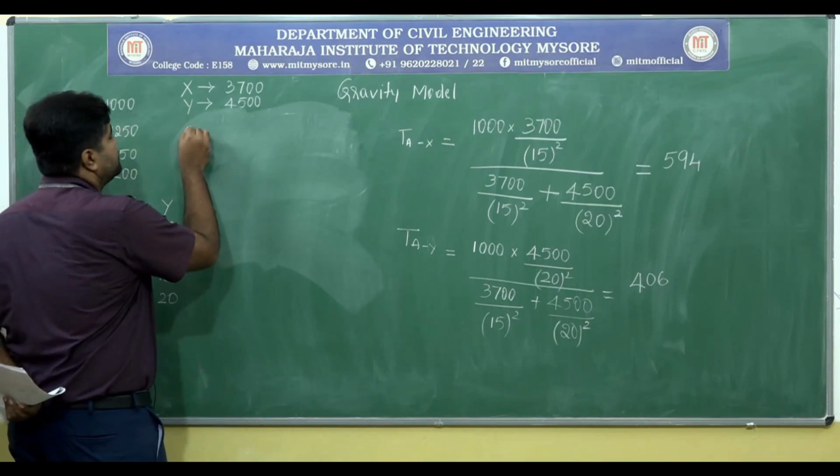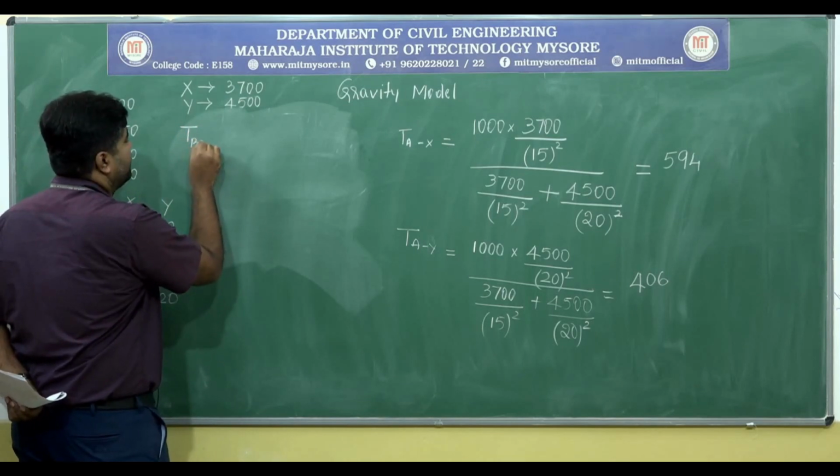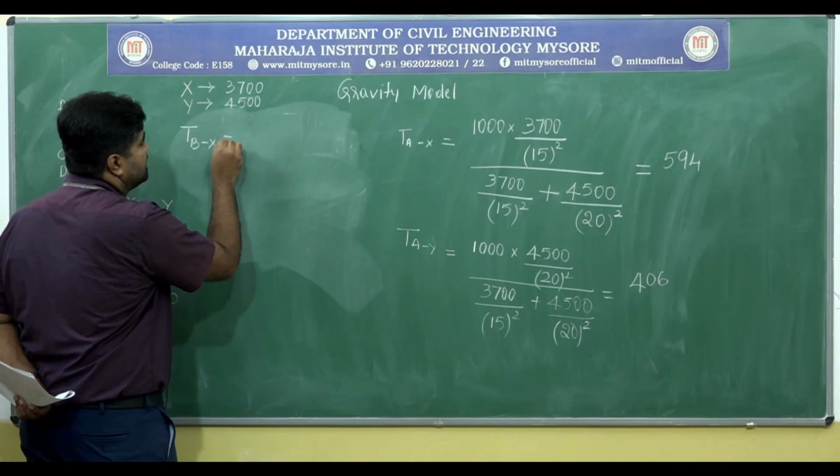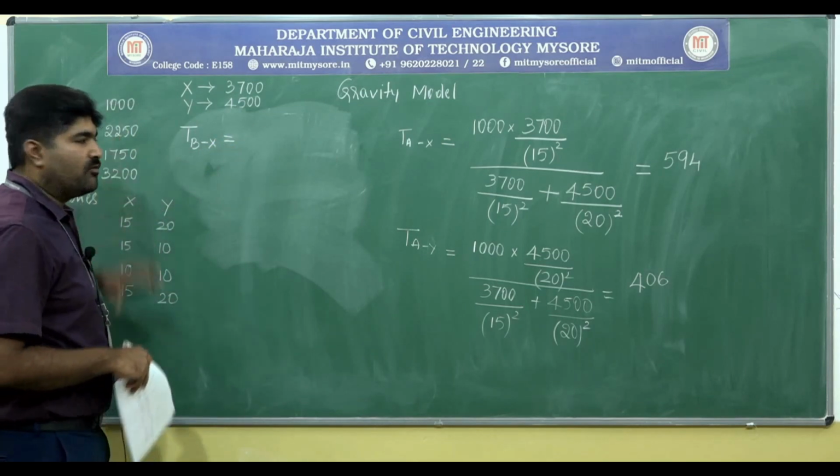Next, trips between B to X. See, the trips produced in zone B is 2250.